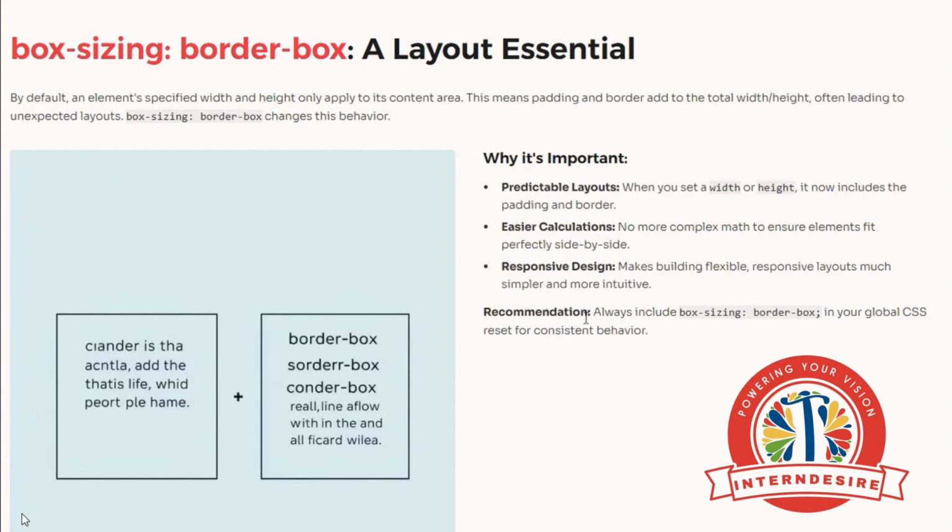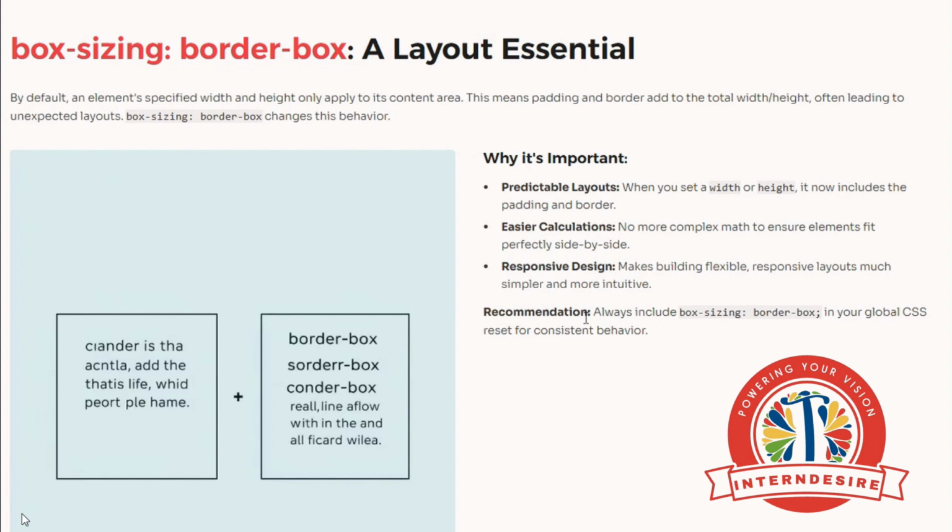This means padding and border add to the total width or height, which often leads to unexpected layouts. Box sizing border box changes this behavior. Border box makes sure the padding and border are included within the total size. So your 200 pixel wide box stays 200 pixel wide, no unexpected overflow.